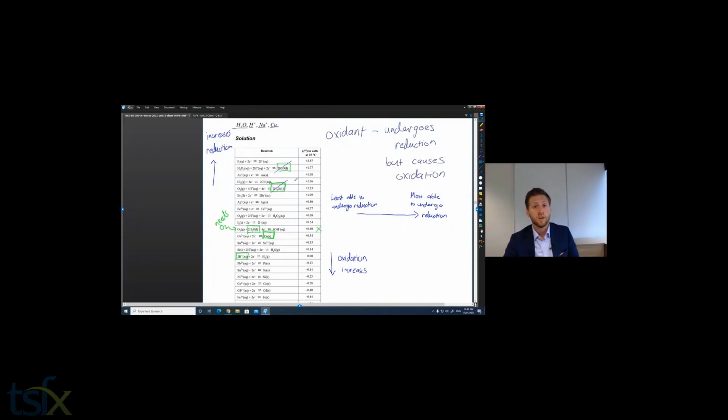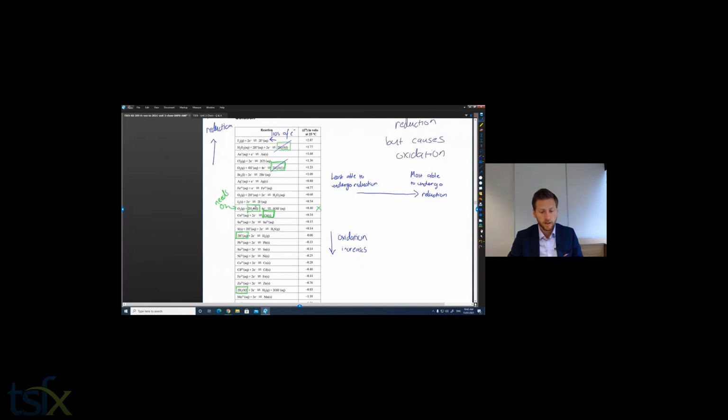So the water actually can't undergo reduction. It's already reduced in this instance. Water can't undergo reduction, because remember, reduction is a gain of electrons. And if you went that way, you're actually losing electrons. That can't be gaining electrons, so it's not reduction. These waters are already reduced.